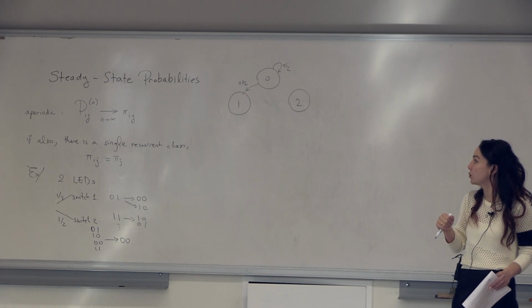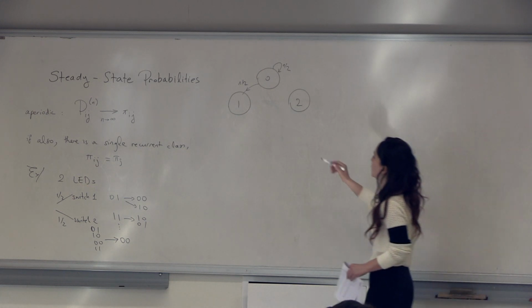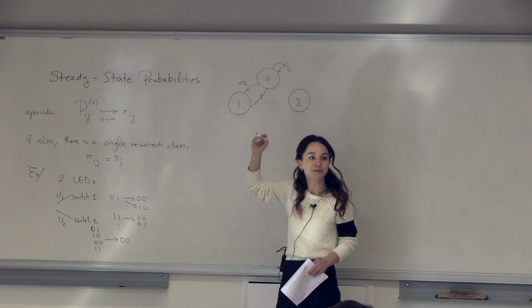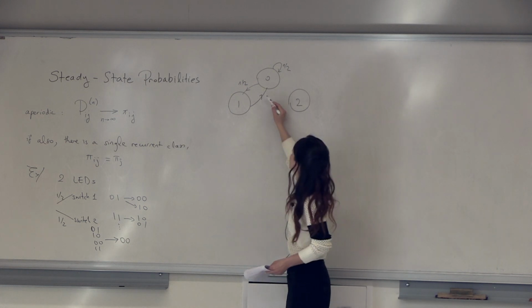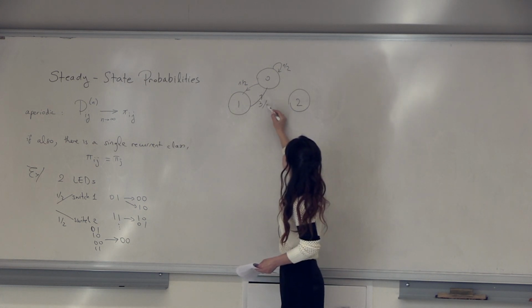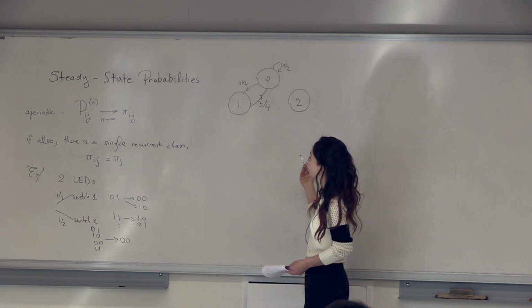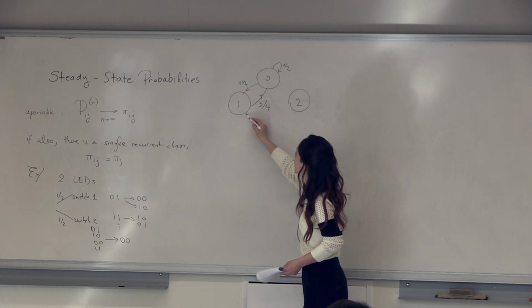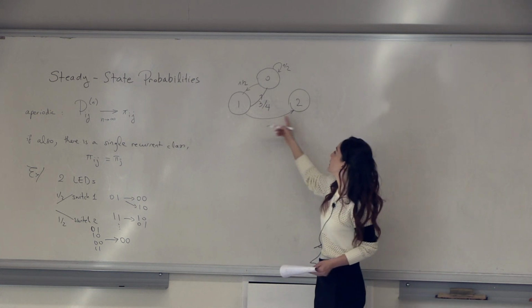With that probability also I go to state 0. So overall from 1 I get to 0 with a total probability of 3/4. And can I go from 1 back to 1? No, that's not possible. And then the other transition should be 1/4.